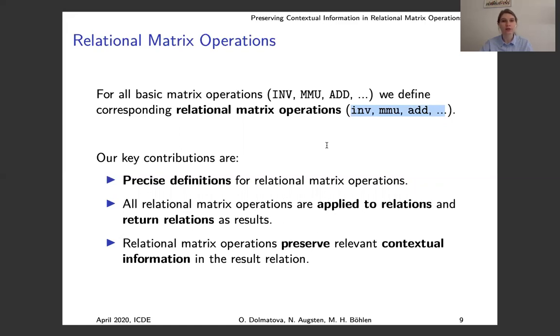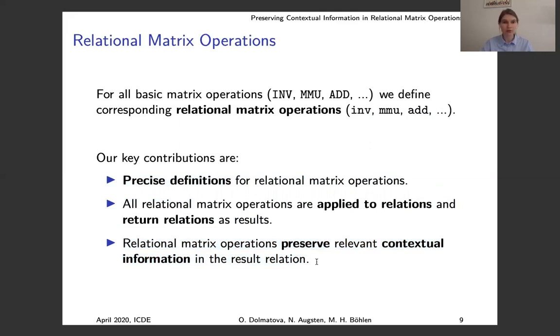All relational matrix operations have the precise definitions. All relational matrix operations take as input and return relations, such that RMA, relational matrix algebra, is closed. And all relational matrix operations preserve important contextual information in result relations in a principled and systematic way.